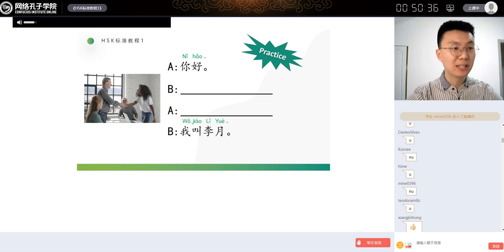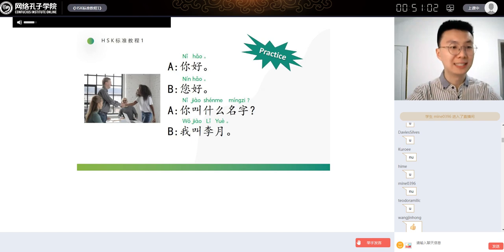So in this case, we can use 您好. 您好 is better. And then B says 我叫李月. So maybe A asks a question. In this case, A should say 你叫什么名字? Like this. 你好, 您好. 你叫什么名字? 我叫李月. Very good.